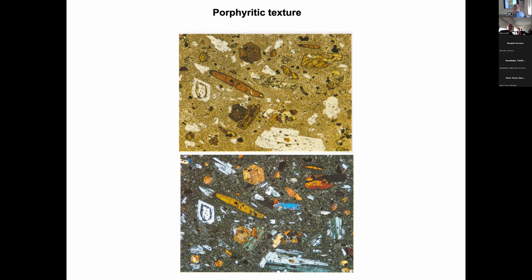Whether you want to use plagioclase or pyroxene doesn't matter; the point is that you are consistent with your analysis. If you consider plagioclase, you will measure the size and the numbers of the phenocrysts, the microphenocrysts and the microlites in the matrix. These represent three stages of crystal nucleation and growth in this magma.